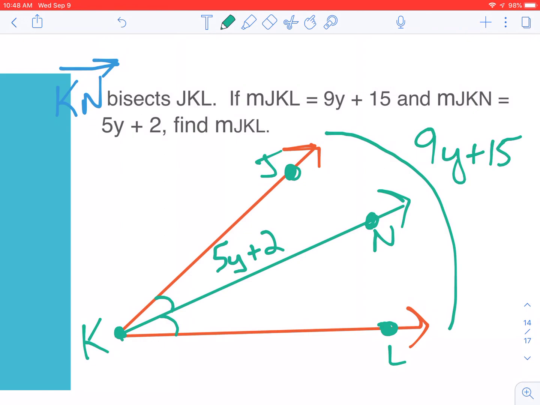So what I'm realizing here is I don't have anything here for NKL. But what I know is that these are both the same. They are both congruent. So what I'm going to do is label this angle as 5y plus 2. And I know that the two smaller angles are going to add up to the larger angle. So I'm going to set up my algebra.